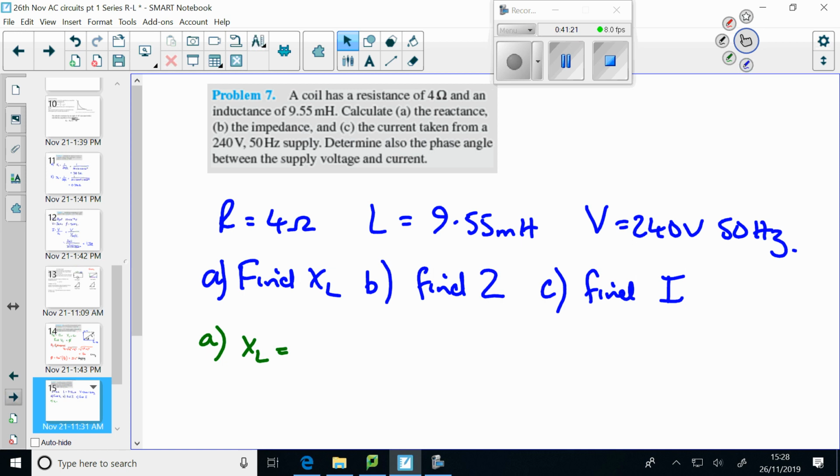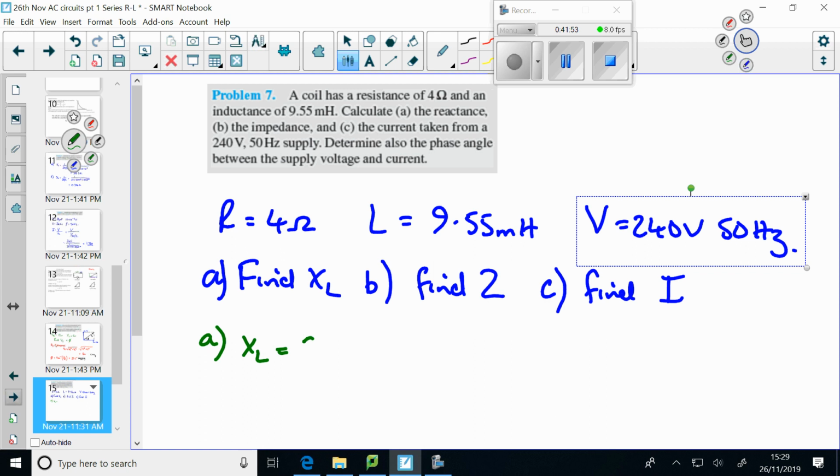Why can't you use 2 times pi times? Because under the conditions, you can't calculate reactance without the frequency. You could get it if you knew the current, but you don't know that either.